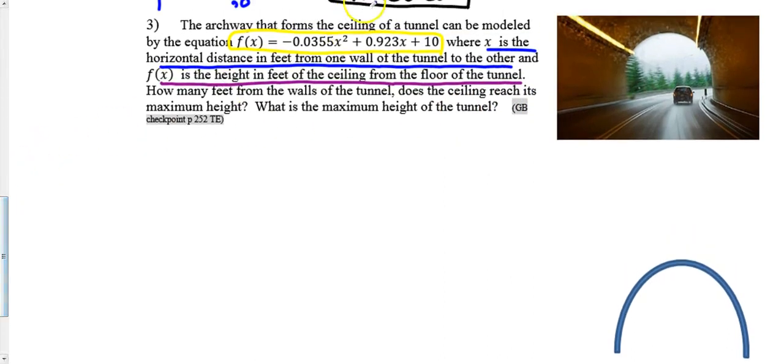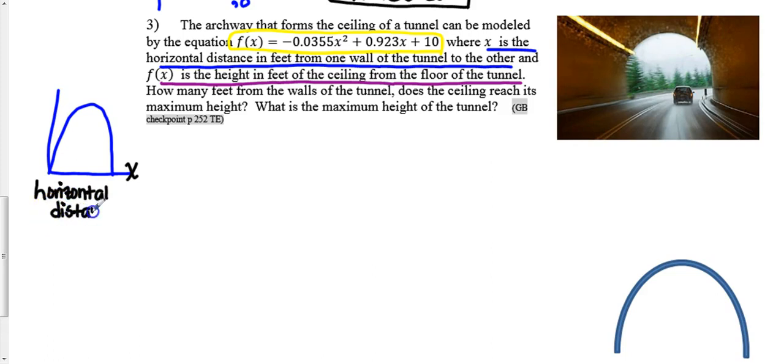So to make sense of that, before we go any farther, let's draw a picture. So we have this tunnel. I'm told x is horizontal distance from one wall of the tunnel to the other. So literally from this wall, this is the start of the wall, to this wall, horizontal distance this way.